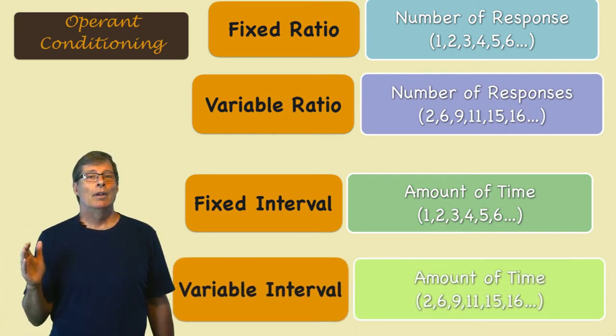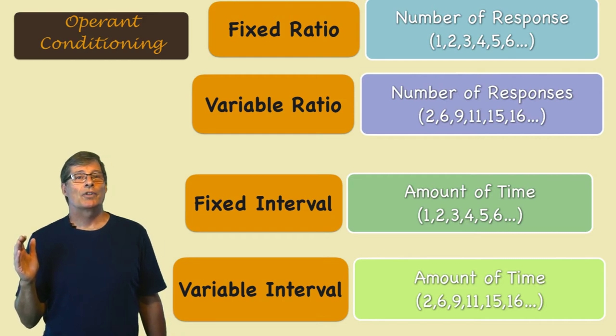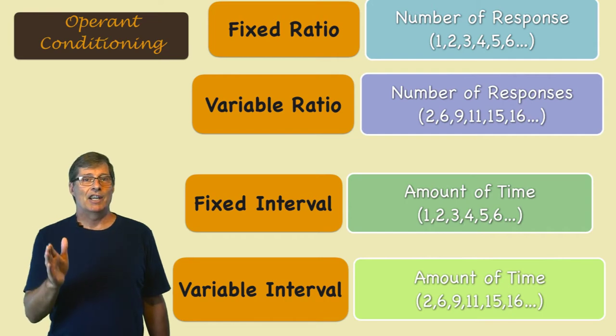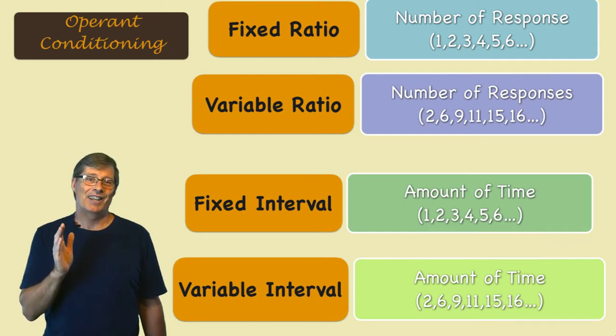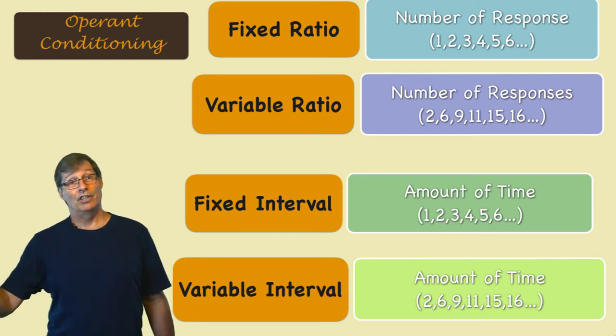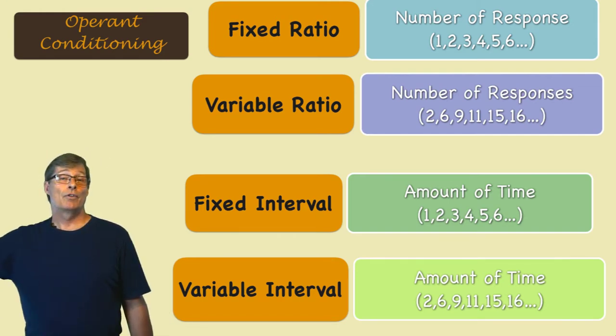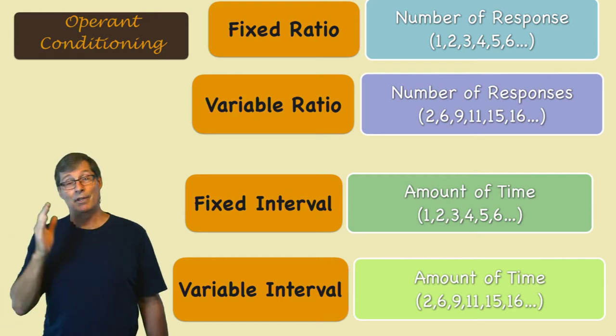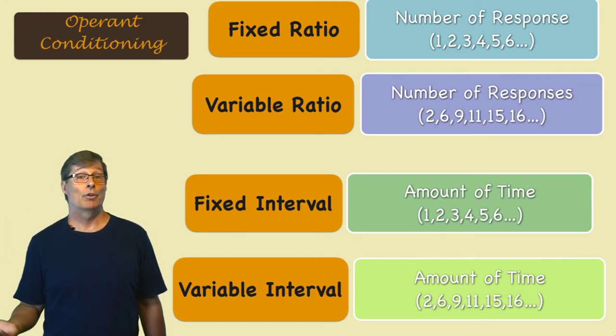Variable interval, in this case we are reinforcing the first appropriate response after a variable amount of time has elapsed. So instead of being fixed every 5 minutes, maybe it's 5 minutes, 15 minutes, 3 minutes, 30 minutes, and the first time that it pops up in that period of time, I reinforce it.